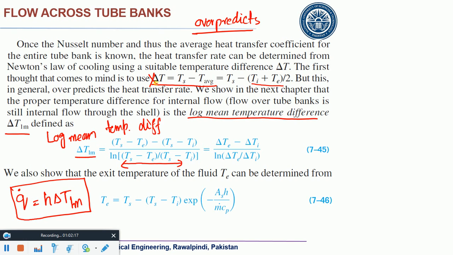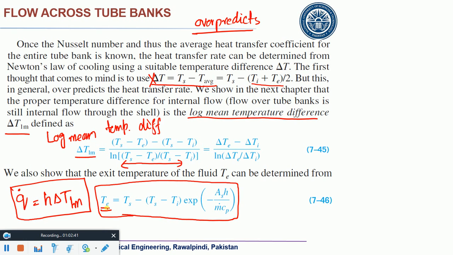You should not use this one. Okay, and very interestingly, this T exit is found to be this thing. How? I will prove it in the next chapter, once we talk about internal flows, but for the time being, just take it as it is.